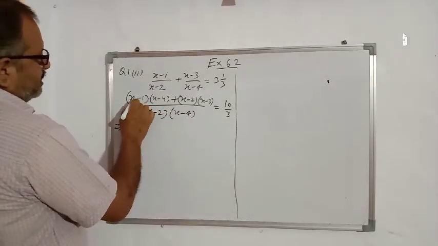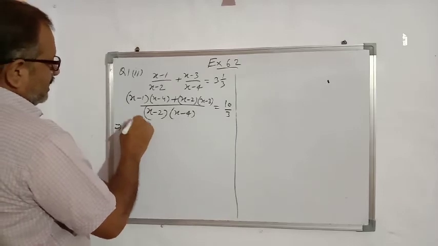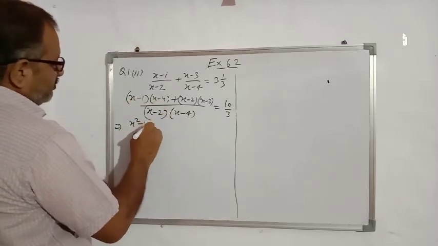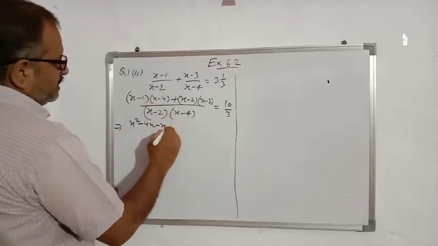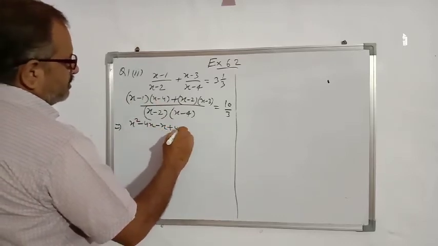What will we get? x into x square minus 4x minus 1 into x minus x plus 4.